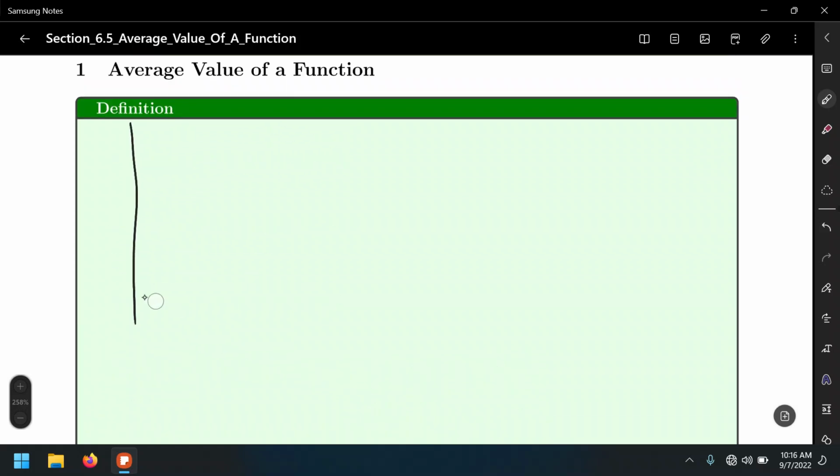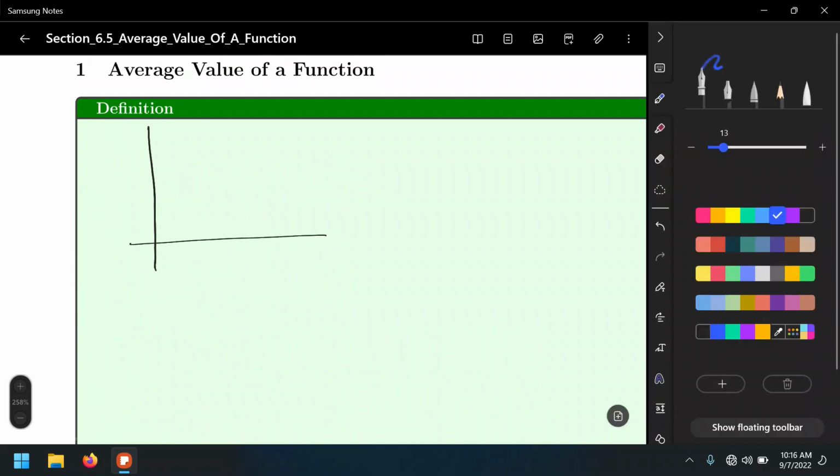The idea is that we have some function f of x, whatever that is, it doesn't matter.